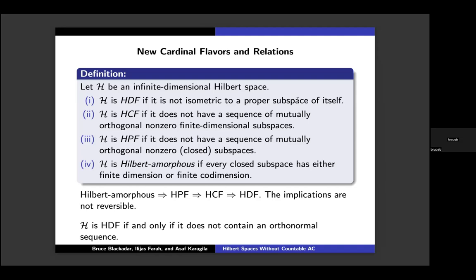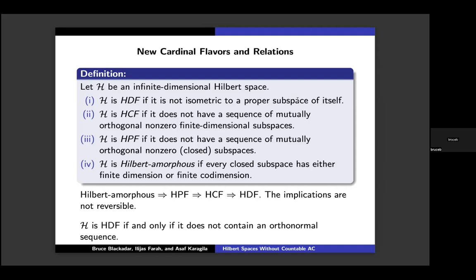H is HCF if it doesn't have a sequence of mutually orthogonal non-zero finite dimensional subspaces. It's HPF if it doesn't have a sequence of mutually orthogonal non-zero closed subspaces. And it's Hilbert amorphous if every closed subspace has either finite dimension or finite codimension.